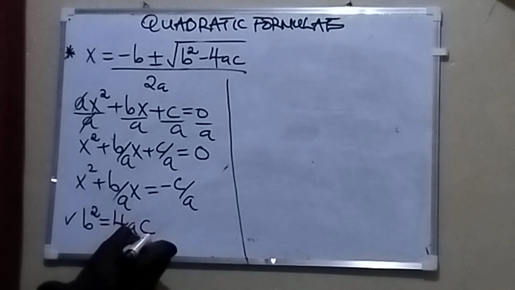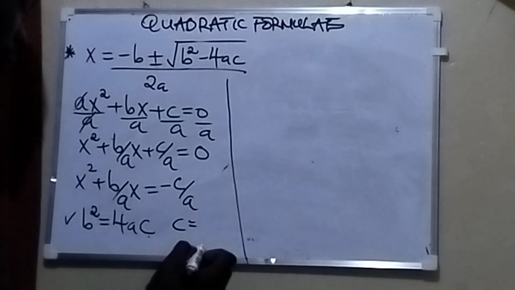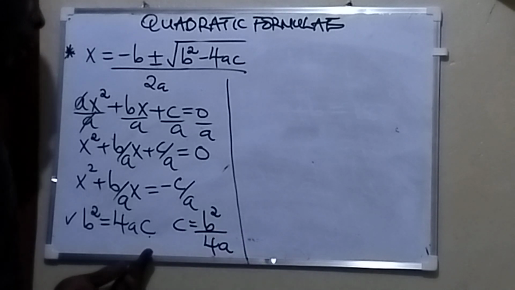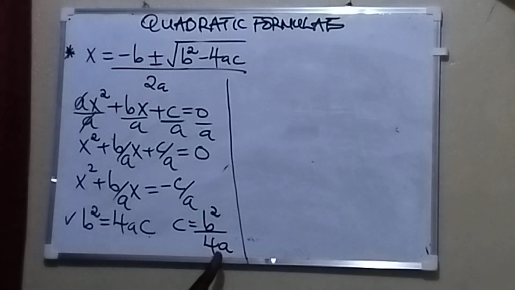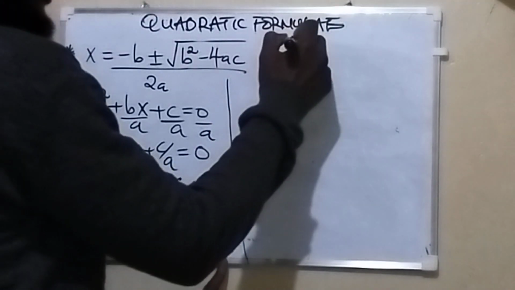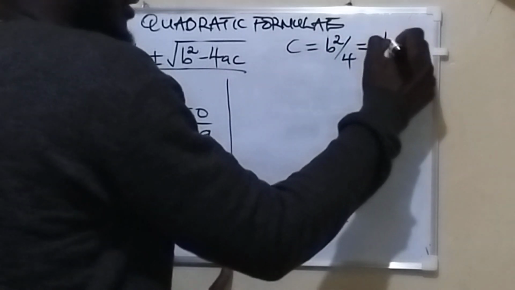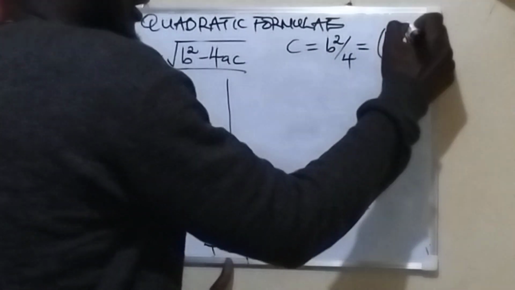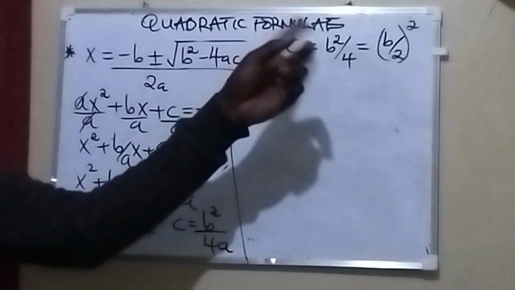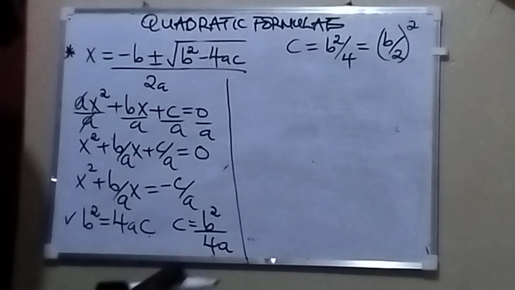If you make c the subject, c will be equal to b squared over 4a. But our a here, the coefficient of x squared, is 1. So c is equal to b squared over 4, which is the same as b over 2, in brackets, squared, because 4 is 2 squared. So you have b over 2 in brackets squared.